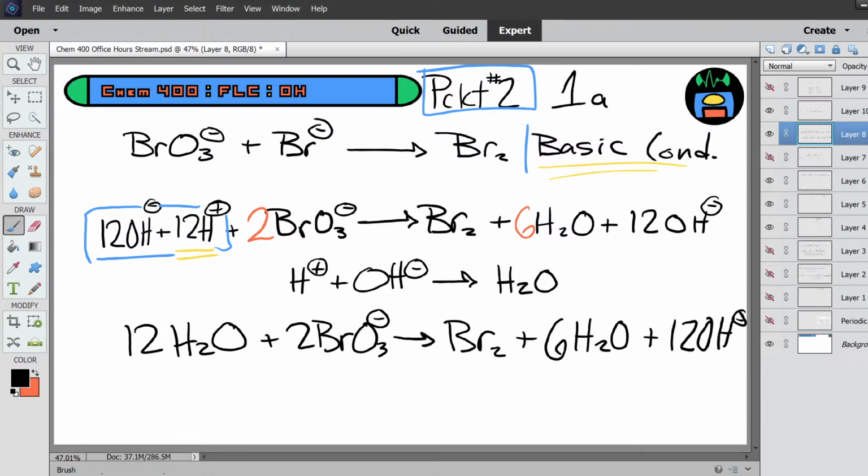All right. Now we've gotten rid of the acid. We're under basic conditions, right? Which means we've got hydroxide in the mix. Now our atoms are balanced.